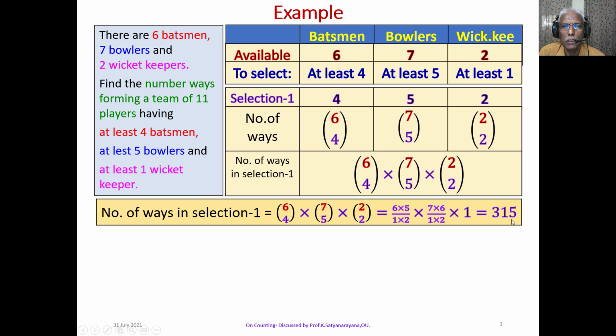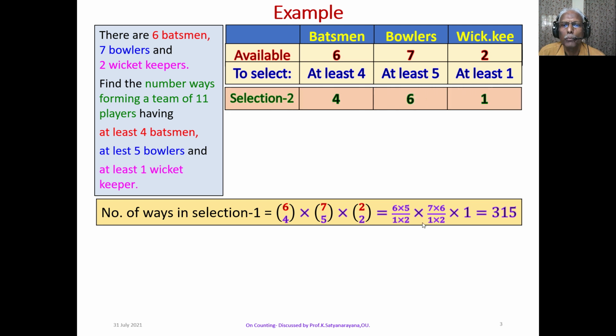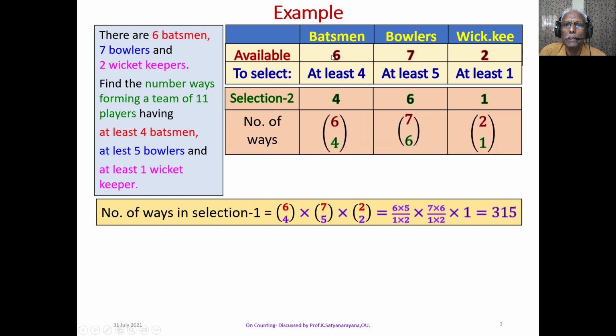The next selection, selection 2. We select 4 out of 6 batsmen, 6 out of 7 bowlers, 1 wicket keeper out of 2 wicket keepers. 4 plus 6 plus 1, 11. So the number of ways you can do is 6C4, 7C6, 2C1.